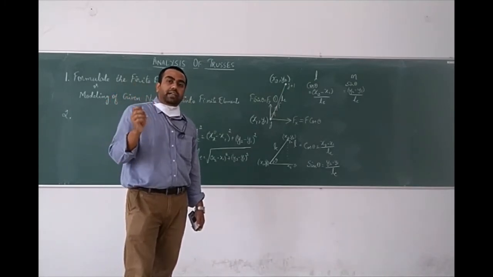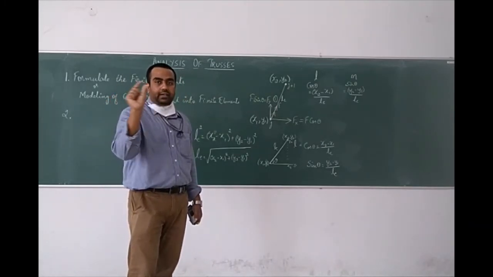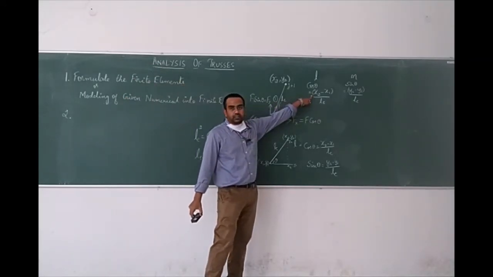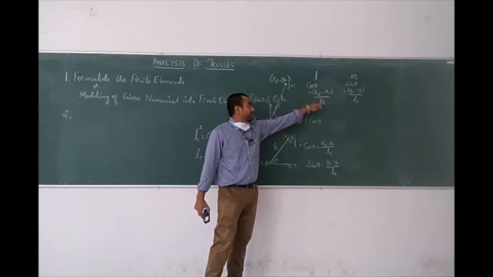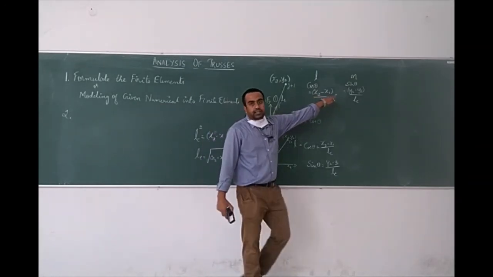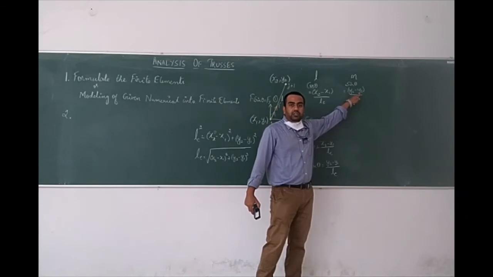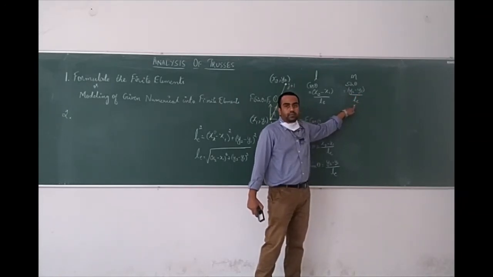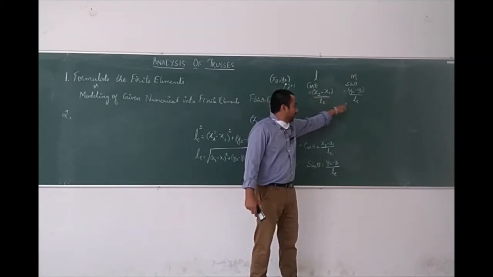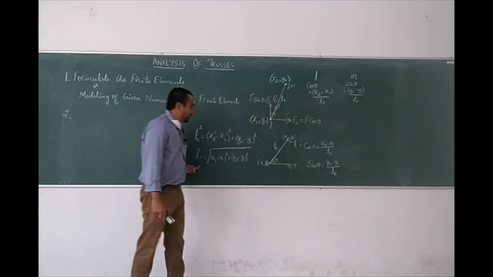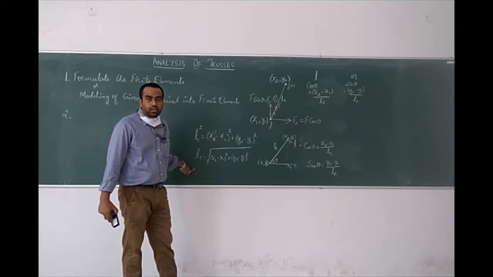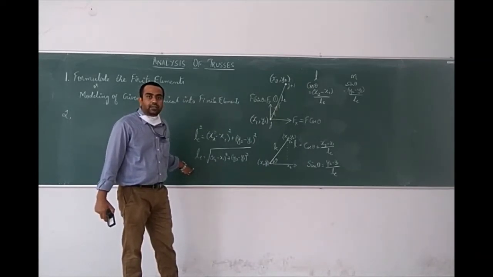We know the values of the directional cosines L and M. So L is given by cos theta, x2 minus x1 by L e. Sin theta, which corresponds to the directional cosine M, is given by y2 minus y1 by L e. So L, M and L e are known. With this, we will proceed to formulate the elemental stiffness matrices.